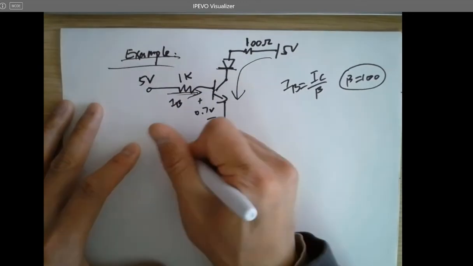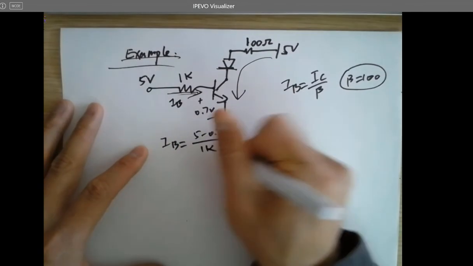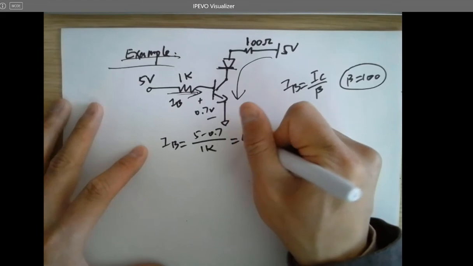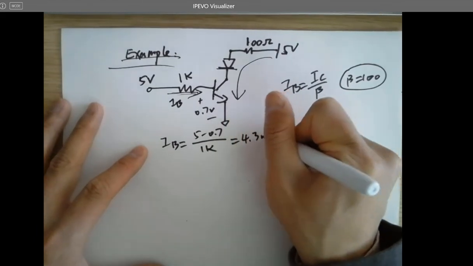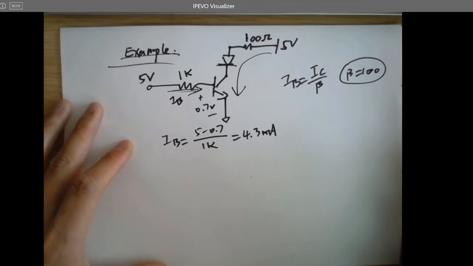Right? So IB is 5 minus 0.7 over 1K. What is that? 4.3 milliamps. Right? 4.3 milliamps.